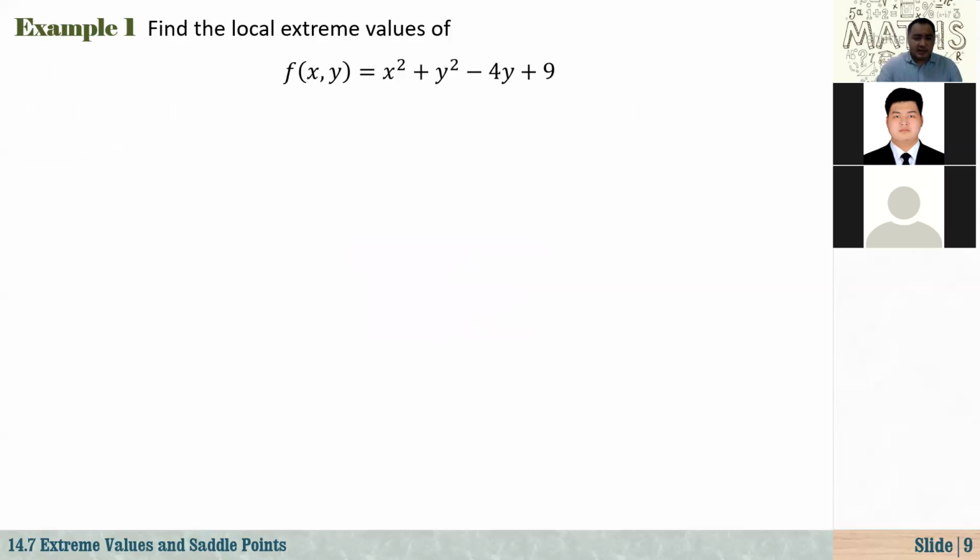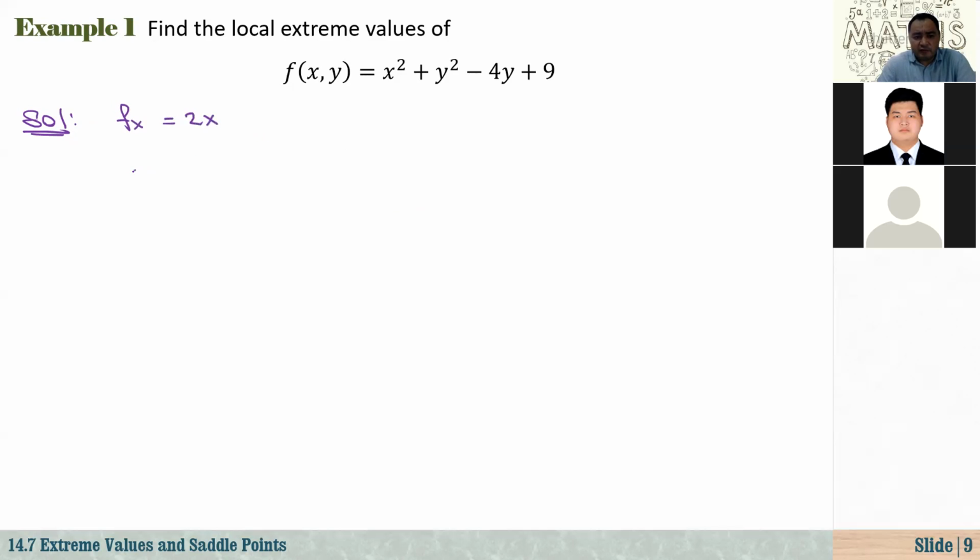Now let's start with this example. Find the local extreme values of this function. Solution: to find the local extreme values, we need to find the critical points. If you differentiate with respect to x, that's equal to 2x.